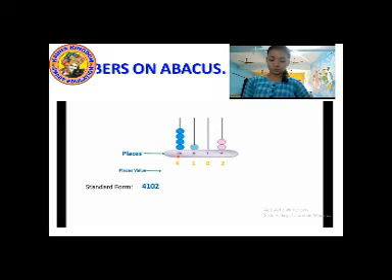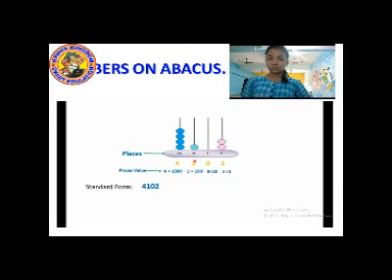So 4 is at thousands place. So the place value of 4 is 4 multiplied by 1000. Place value of 1 is 1 multiplied by 100, because 1 is at hundreds place. The place value of 0 is 0 multiplied by 10, because 0 is at tens place. Now the next digit is 2. 2 is at which place? Ones place. So 2 multiplied by 1.